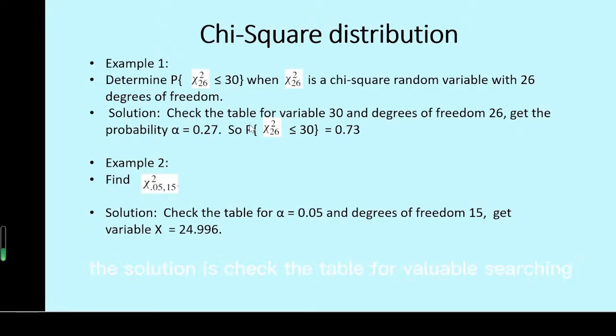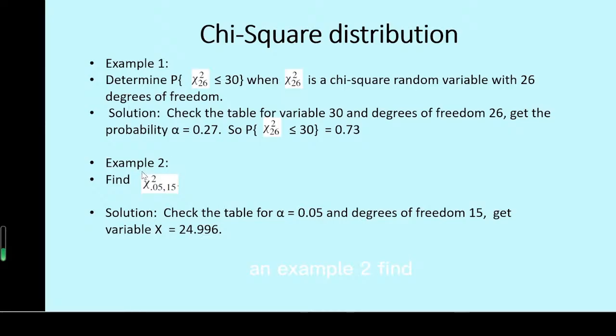The solution is to check the table for the value 30. With degrees of freedom 26, we get alpha is 0.27, because alpha represents the probability of the chi-square variable being larger than 30. So the probability of being less than 30 is 1 minus alpha, about 0.73.